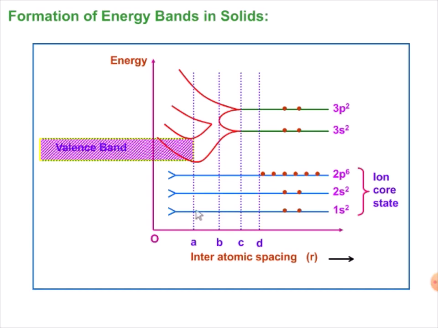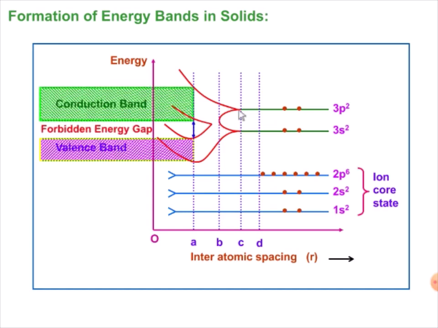The 4n filled energy levels are separated from the 4n unfilled energy levels, and the separation between this completely filled band and the completely empty band we call the band gap or energy gap, and it is denoted by EG.